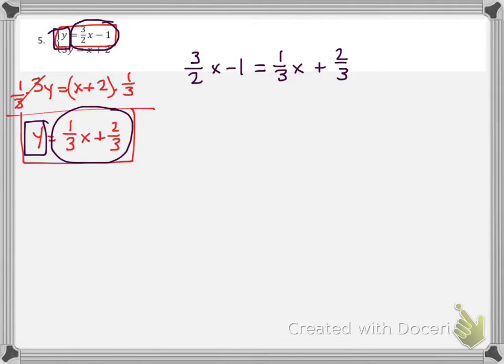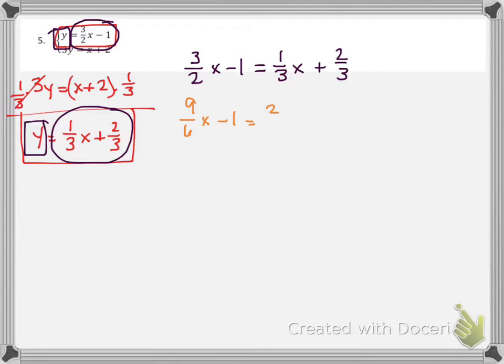So now first I need a common denominator. So I'm going to change these denominators into sixths. 3/2 would be 9/6. So I'm going to write 9/6 x minus 1 is equal to, and 1/3 changed into a 6. So I don't have to multiply by 2 over 2.